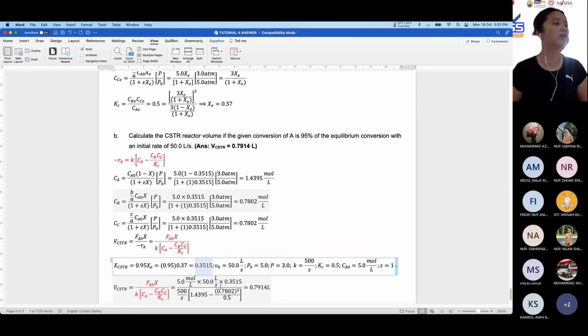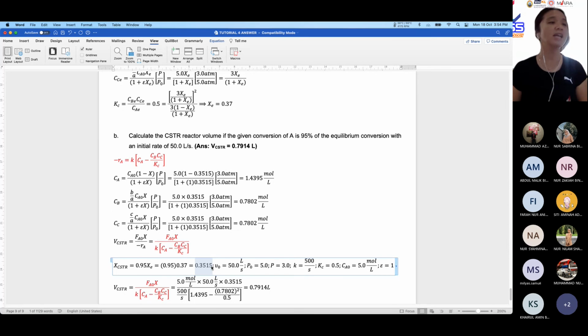In this case, the reactor conversion is stated as 95% of my equilibrium conversion XE, 0.37 from the first part calculation. Hence my X will be 0.95 multiplied by 0.37, and you get 0.3515. That is the conversion in my reactor.